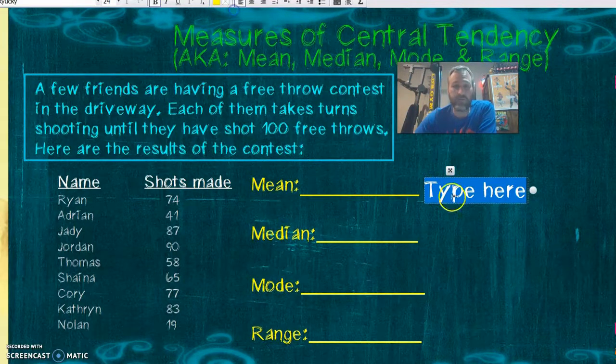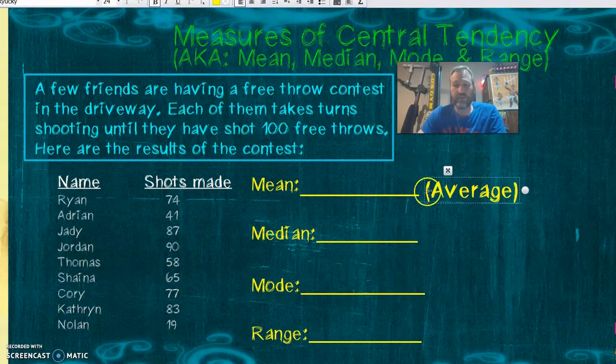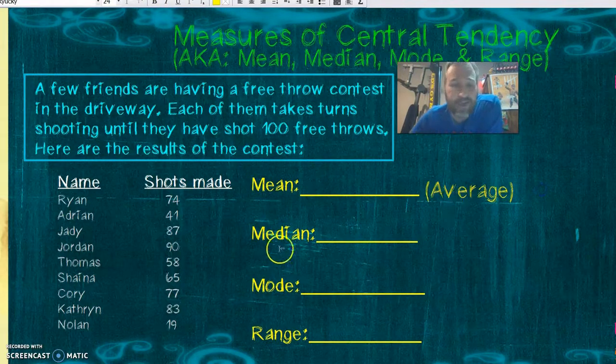Another word for mean is an average. Put that in parentheses right here. An average is another word for mean, and I'm sure some of you also know what an average is. An average is when you add up all the numbers in the data set and you divide by how many numbers are in that set.